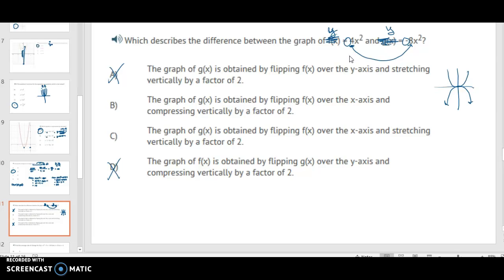So if more people are pulling on the rubber band, it is going to get skinnier. You are stretching the rubber band. So the difference between B and C, one says it's compressing and one says it's stretching. It is stretching because there are more people pulling a rubber band, so it's going to get even skinnier.